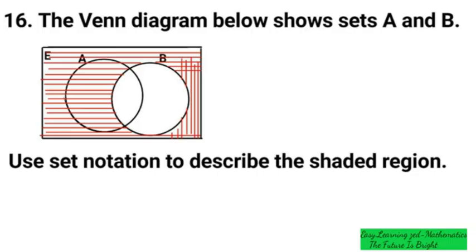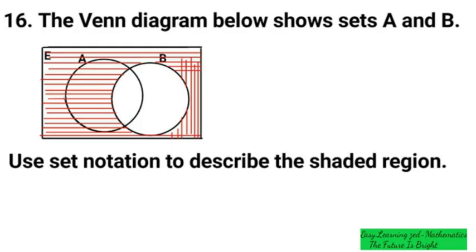Okay, so what we're going to do is we are going to start with the area that is not shaded. Okay, this will help us to come up with a set notation. Now when you look at this diagram, you'll notice that the intersection part of A and B is not shaded, as well as the entire set B is not shaded.